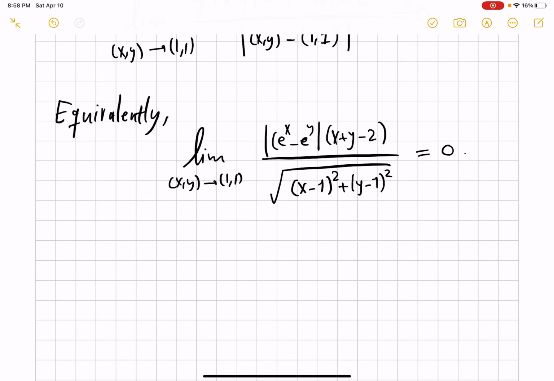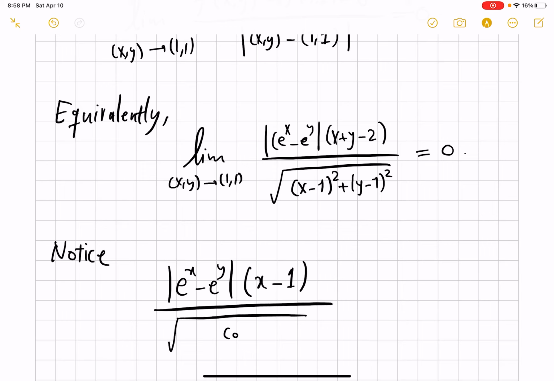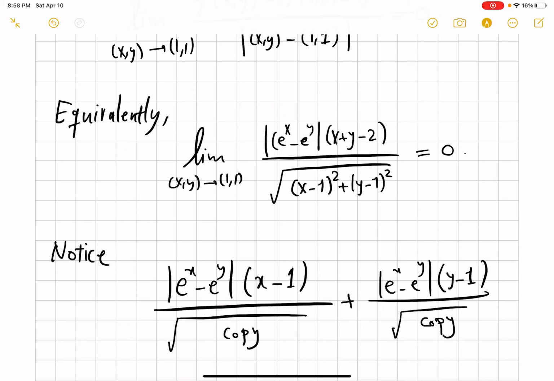So I can break this up into two fractions. One of the parts will be this multiplied by x minus 1, and the other will be a copy of the above, e to x minus e to y, times y minus 1. So what I did was rewrite x plus y minus 2 as x minus 1 plus y minus 1.